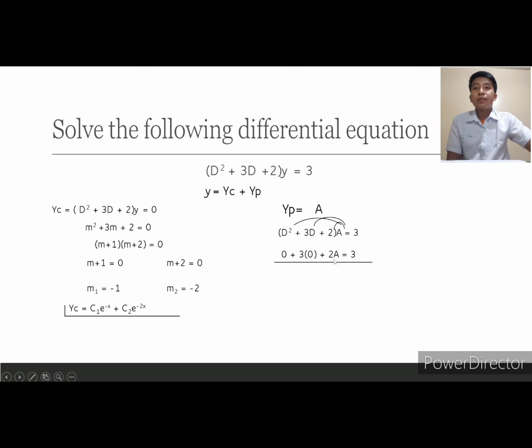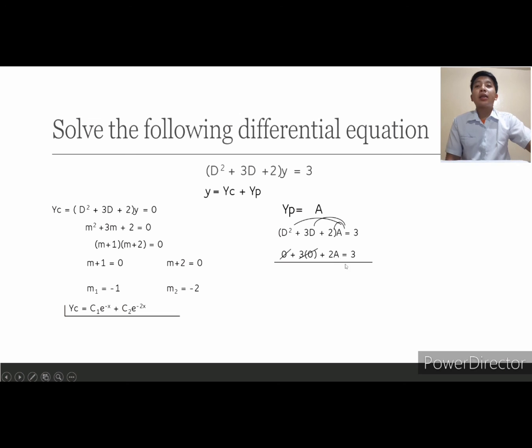So since 0 to, cancel po, and then ito, cancel din po. Kaya ang matitira po ay 2a = 3. Nahanap na natin yung value ni a sa ganitong equation. So pwede na nating isolve si a kasi cancel na yung dalawa. Paano po gagawin natin dito para makuha po natin si a?